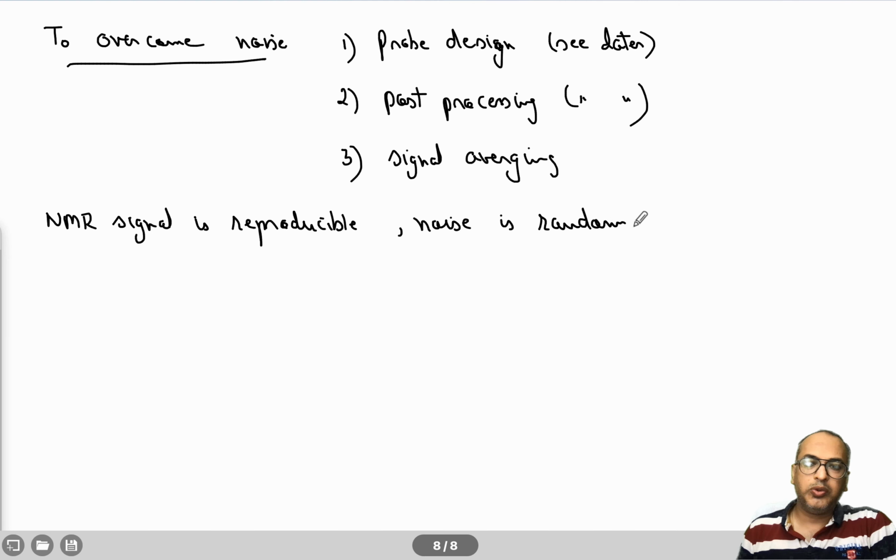When I say reproducible, it means that when you record the same experiment again and again, say I record the signal once, I will get something like this. If I record the same signal again, I will get the peak at the exact position with identical height. And if I do this over and over again and add all of these, I should expect to see 3 times the signal, right?